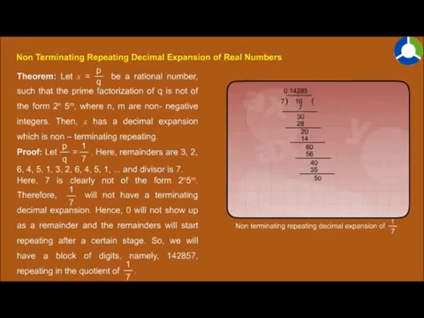Hence, 0 will not show up as a remainder, and the remainders will start repeating after a certain stage. So, we will have a block of digits, namely 142857, repeating in the quotient of 1/7.